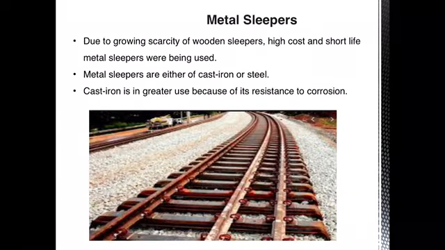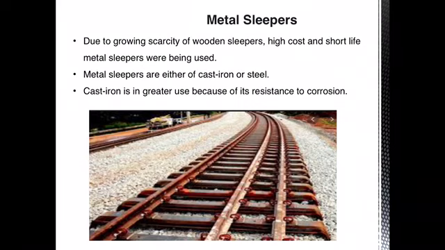Now the drawbacks we had there were rectified here in the metal sleepers. Examples of metal sleepers are shown in the picture here. Due to the growing scarcity of wooden sleepers, wood being a scarce material, manufacturing wooden sleepers is not that easy, and wood is also of high cost, but has a very short lifespan.